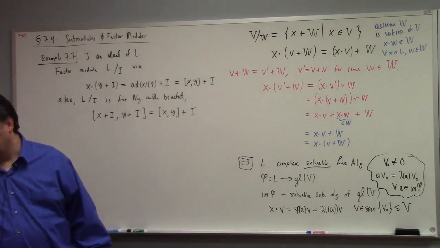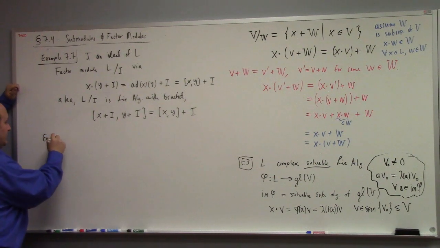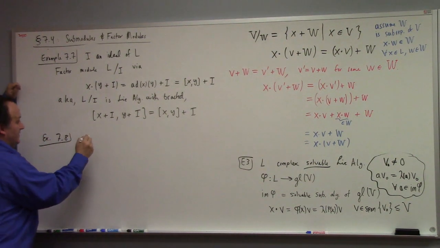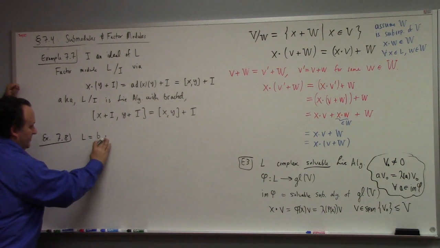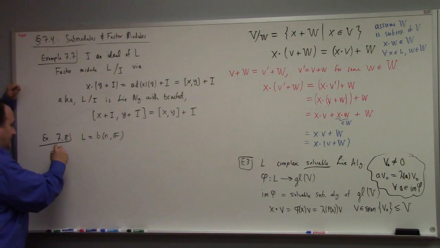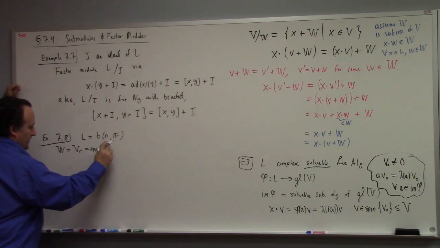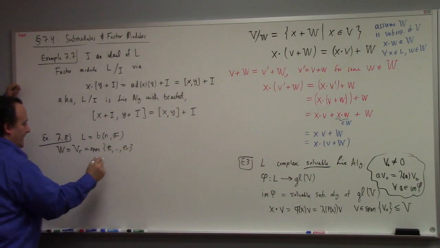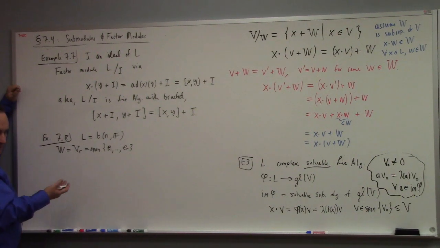So, all right, example 7.8. He's letting L be B sub n, the upper triangular matrices over F, and he's letting W equal V sub r, which is the span of E1 all the way out to Er. And we argued before that that was a submodule, right?